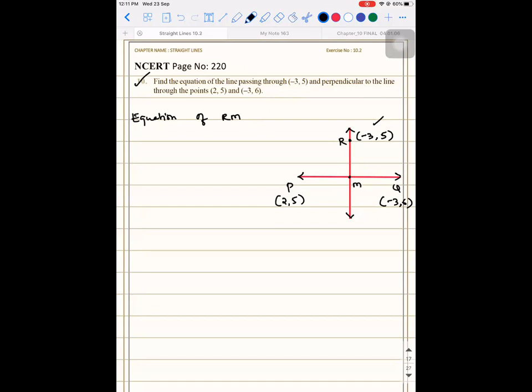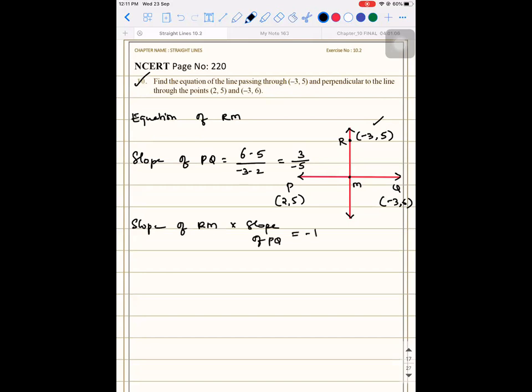We can find slope. So how do you find it? We know that slope of PQ is how much? 6 minus 5 divided by minus 3 minus 2. That is 3 divided by minus 5. That is the slope of PQ. 1 by minus 5, no, sir. Very good. Slope of RM into slope of PQ is how much?